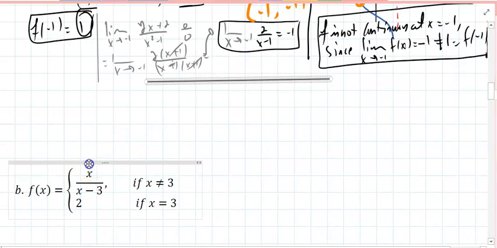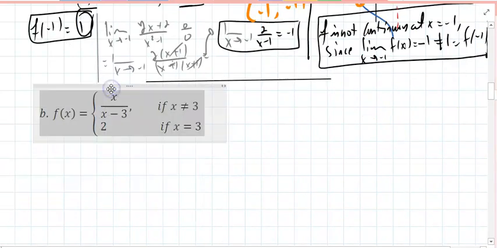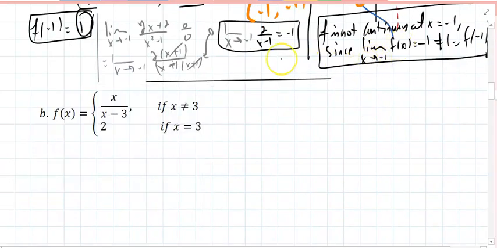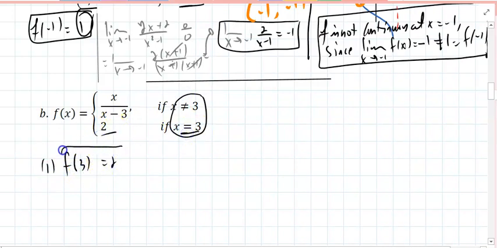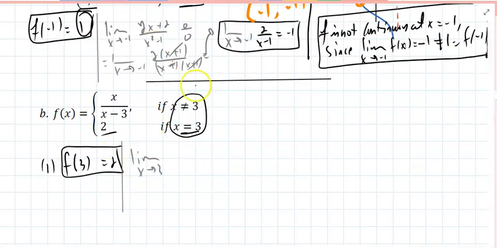How about this problem? Well, let's do the limit, then do the graph. So I'm trying to figure out at 3 what's going on. Well, let's see. 1. If I take f of 3, when x equals 3, y equals 2, that exists. 2. The limit as x approaches 3 of x over x minus 3.